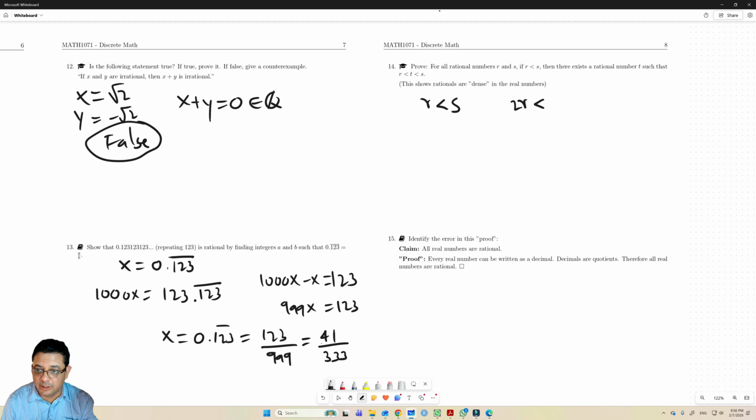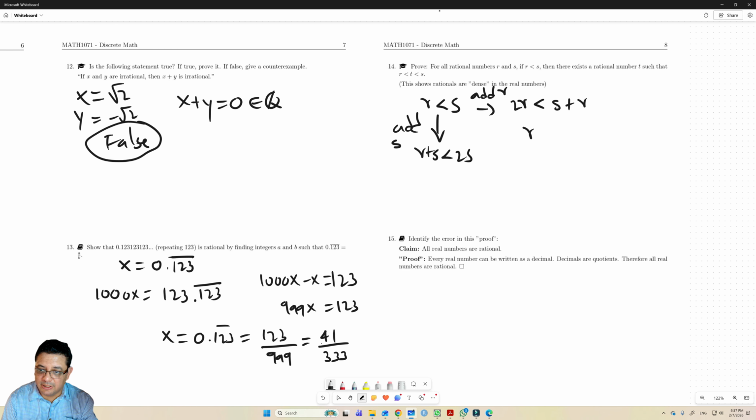And so we get 2r less than s plus r. But you can also do r plus s less than 2s, adding s on both sides.